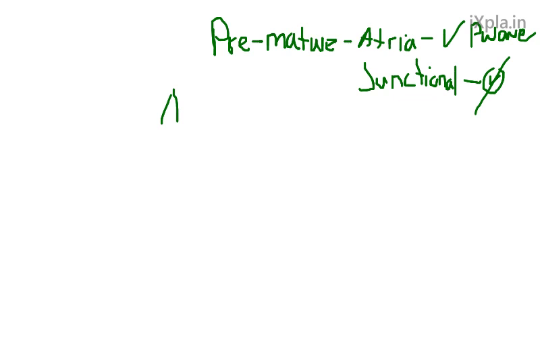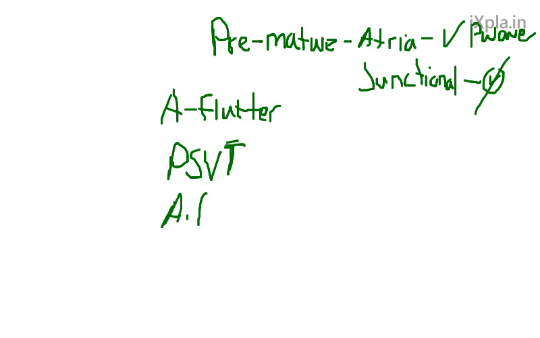Then you have atrial flutter. Not as bad as AFib, but it's a sawtooth pattern. You also have PSVT, which is normally caused by high alcohol ingestion. All of a sudden, out of nowhere, your heart starts beating extremely fast. And then you have AFib.